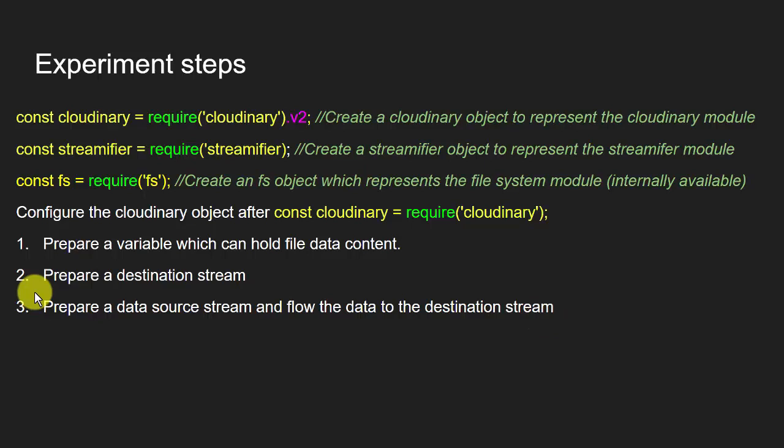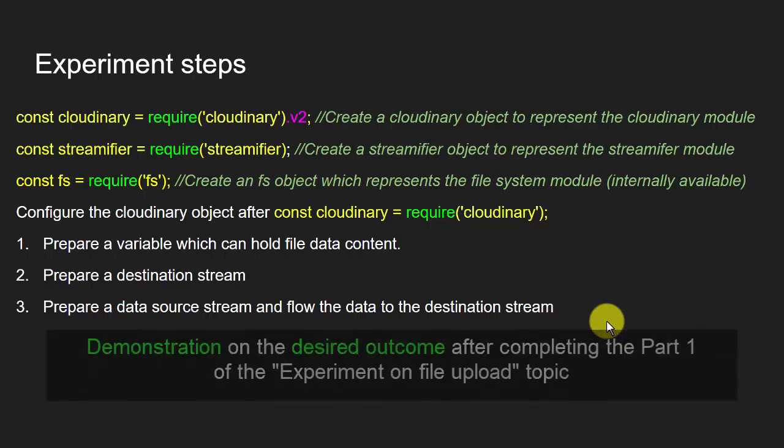Before you provide further JavaScript commands inside that experiment_cloudinary.js JavaScript file, let us take a look at the desired output. After we have provided the commands, let us have some preview of the desired outcome through this experiment.